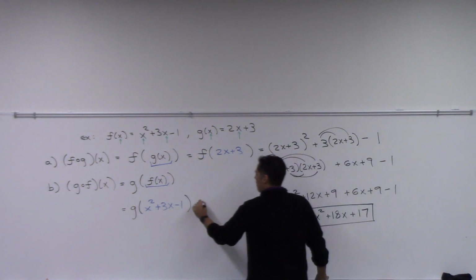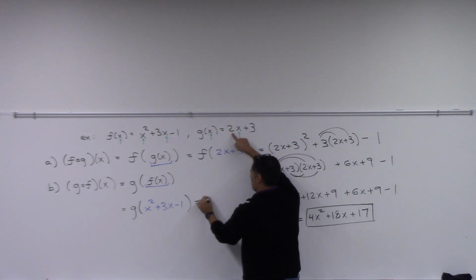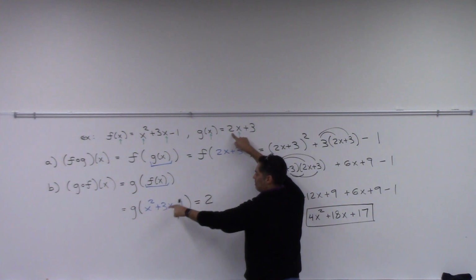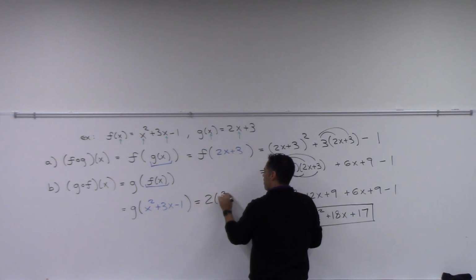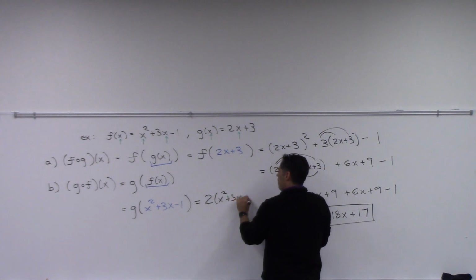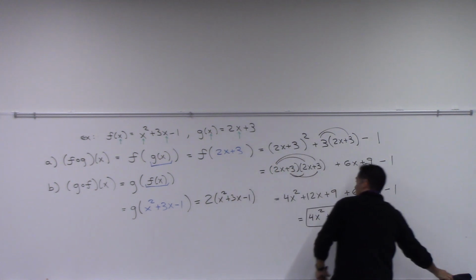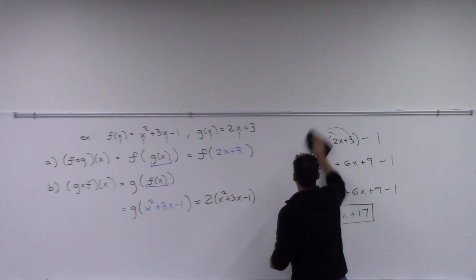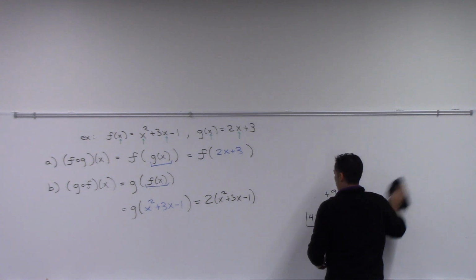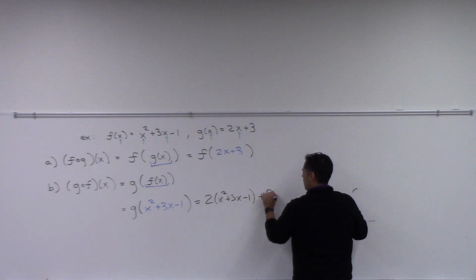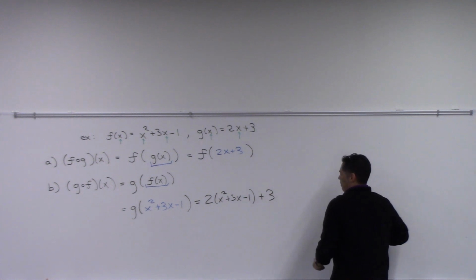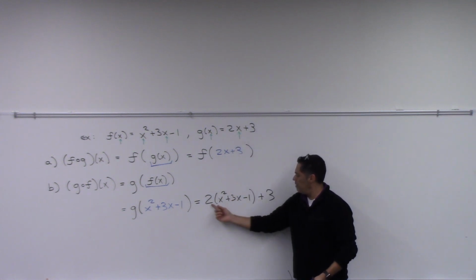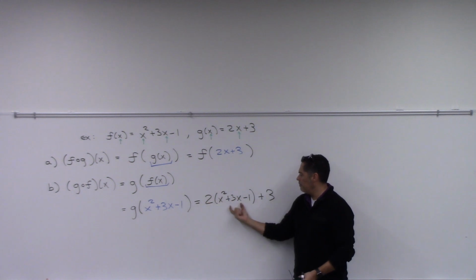So we should have 2. And then all of that, right? In parentheses, x squared plus 3x minus 1. But then, am I done? Still need what? Plus 3, right? Plus 3. So this is the g function with the x replaced with that blue thing.